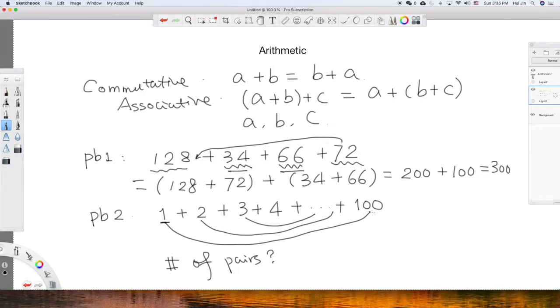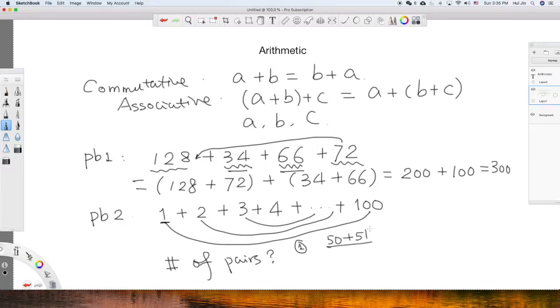Well, if the number is even, you know that every number will be pairing together. So there are two ways to see the number of pairs. The first way is to think about what's the pair where the two numbers will meet each other. We know that the sum equals 101, so somewhere in the middle is 50. And you figure out the last pair you're going to add up is going to be 50 plus 51.